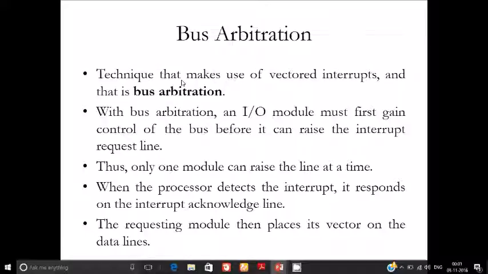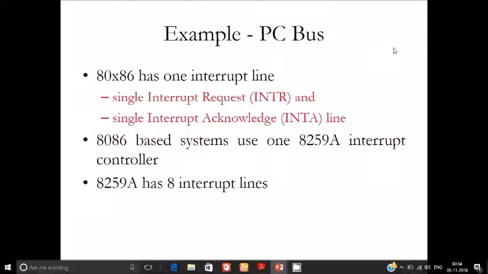Thus only one module can raise the line at a particular time, so even though multiple requests happen, only one module can interrupt, one after another, like in a queue. The processor detects the interrupt, responds and acknowledges the line. The requesting module then places the vector on the data lines. So this is how bus arbitration works.